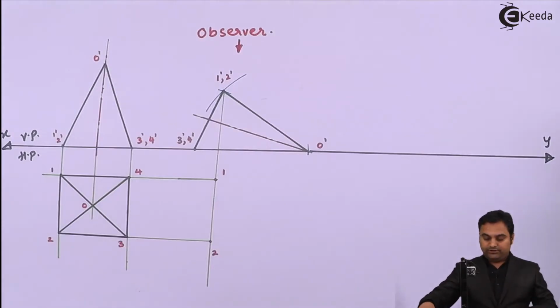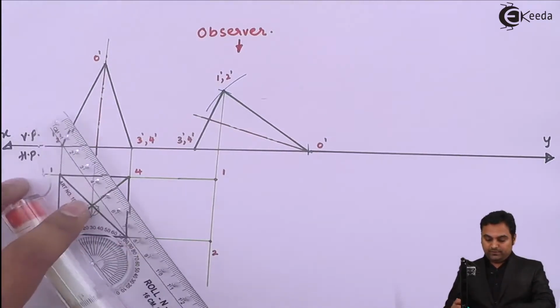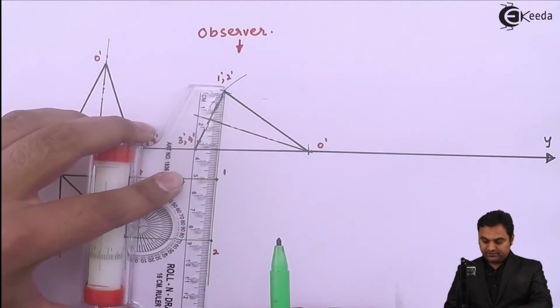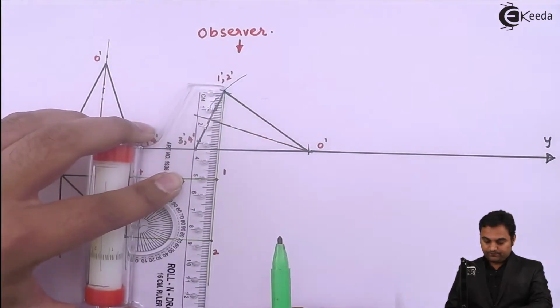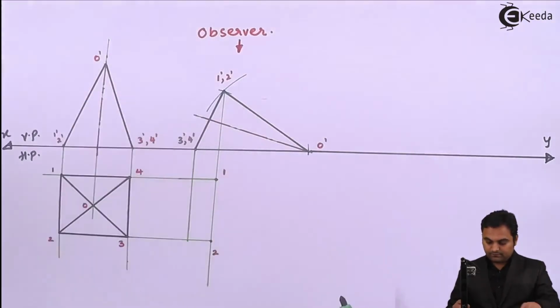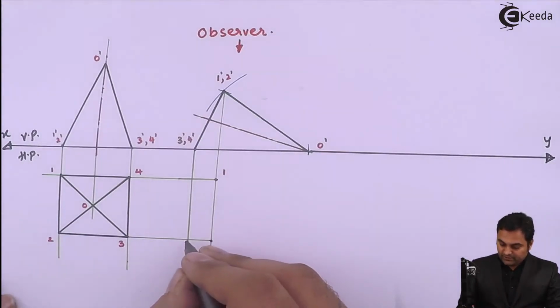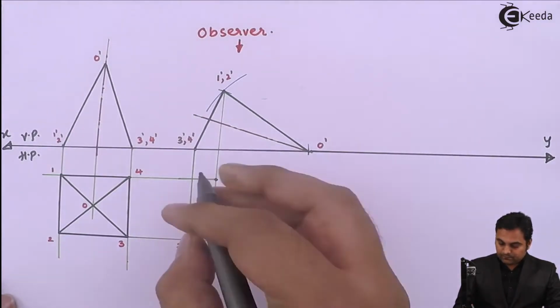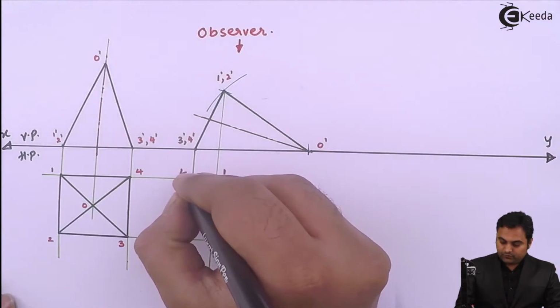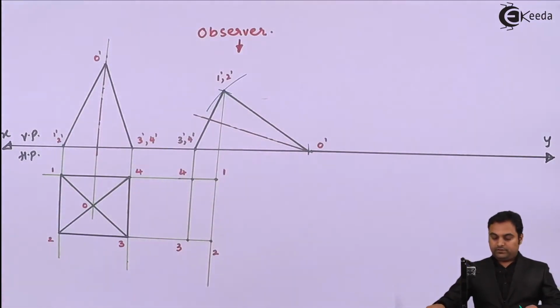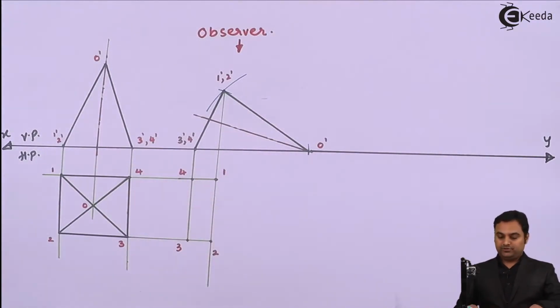Next, point 3 will be projected from the front view, that is here it is 3 dash. So this is point 3 and here there is point 4. After that the apex needs to be projected.